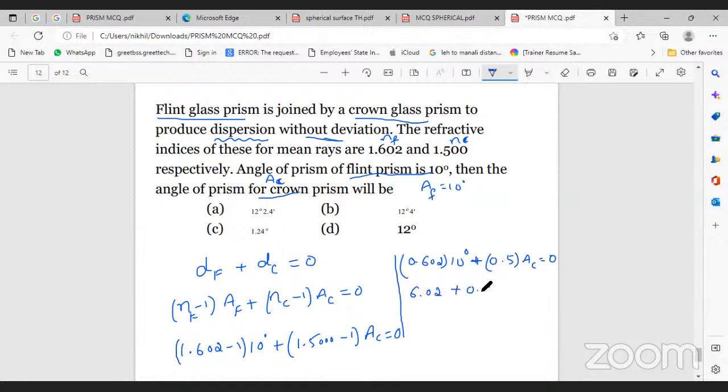So 6.02 plus 0.5 into AC equals 0. So what is the angle of the crown glass prism? Minus 6.02 by 0.5. So 6.02 by 0.5 is how much?